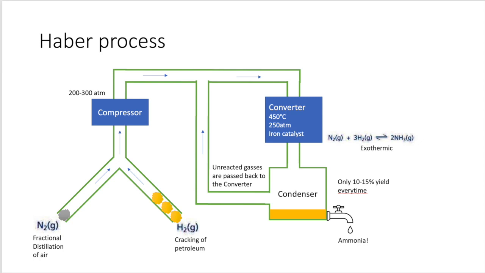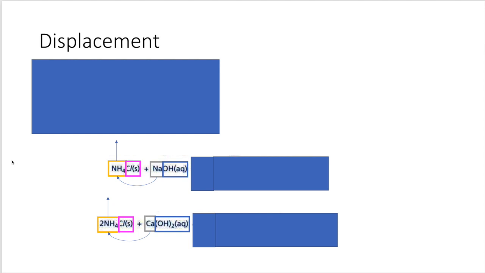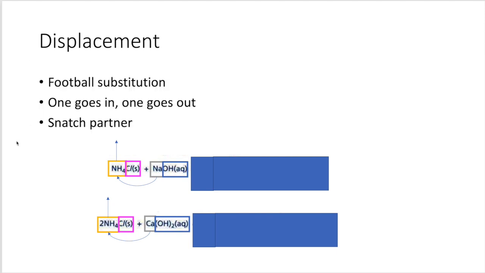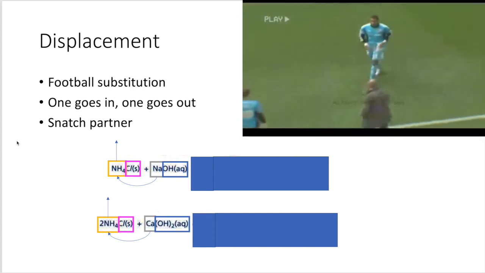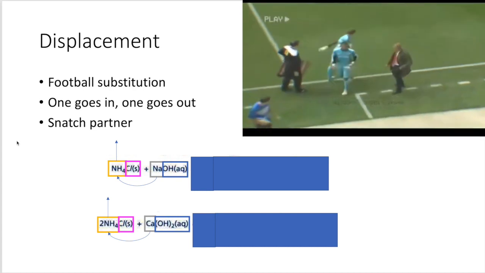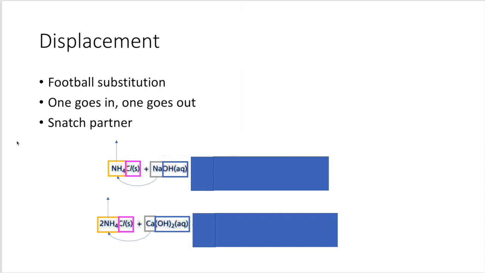And so with the production of ammonia done, next we're going to talk about displacement of ammonia from its salts. So recall that displacement is just like substitution. One person goes in, another person goes out. Or in the reactivity series of metals, I like to tell my students it is the snatch boyfriend, snatch girlfriend mechanism. So take a look at this reaction: ammonium chloride and sodium hydroxide.